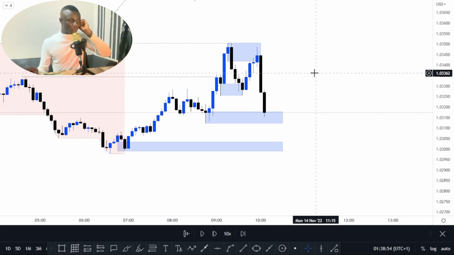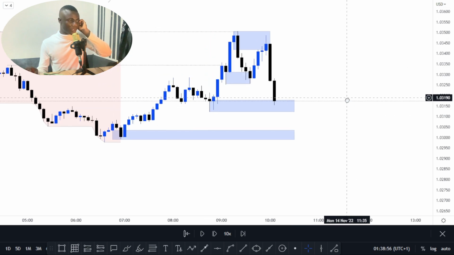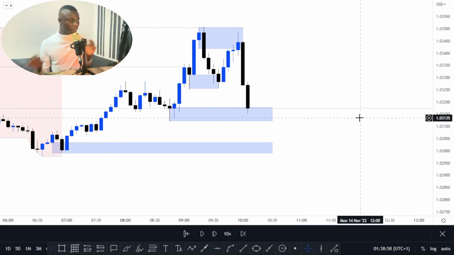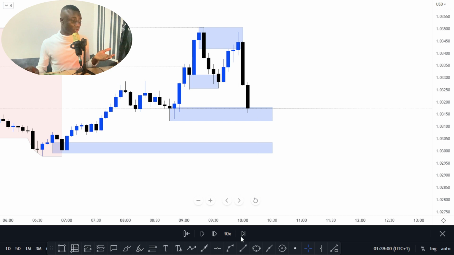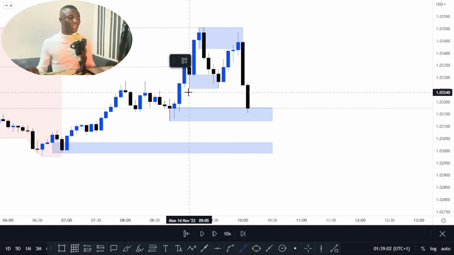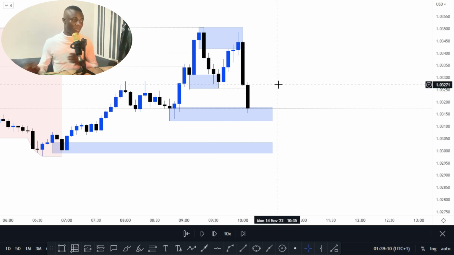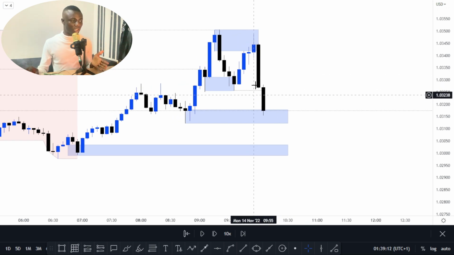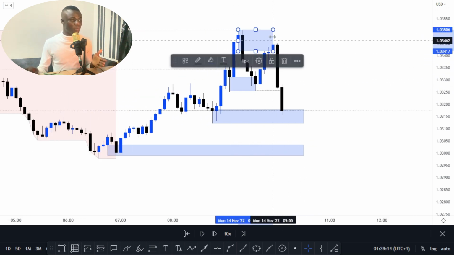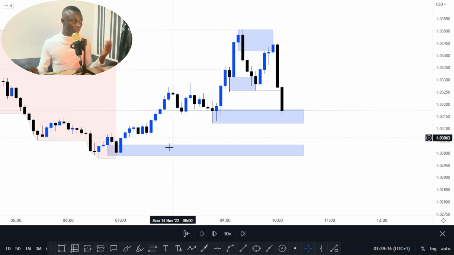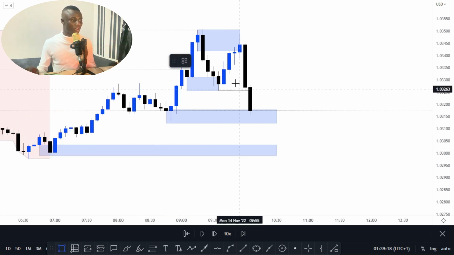All right, so it was a trade that I know will actually work out because we really understand exactly what we're doing right here, right? So we have our first break of structure after the mitigation of a higher time frame. So we have a break of structure here, and this is where we can now be looking for our order block. So where is our potential order block?